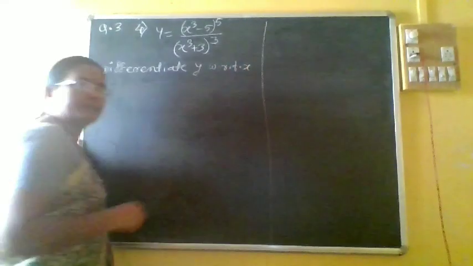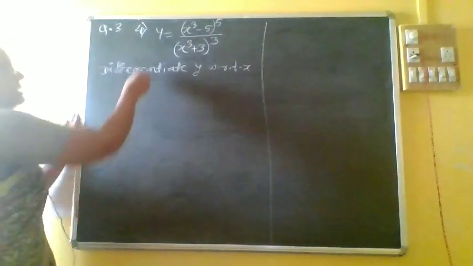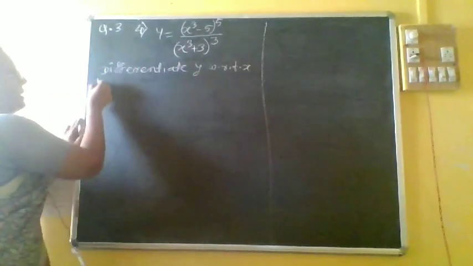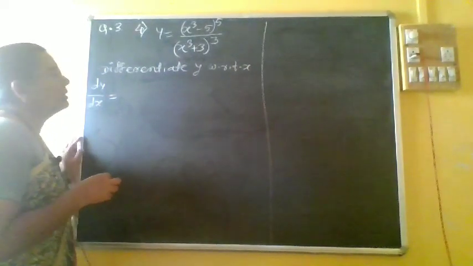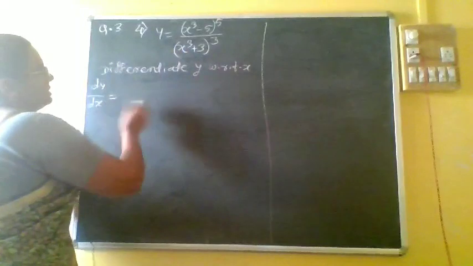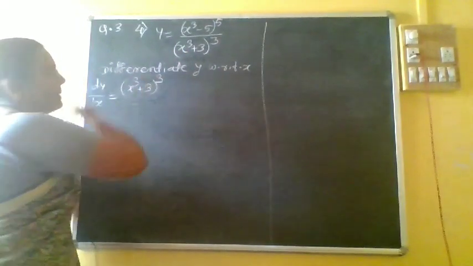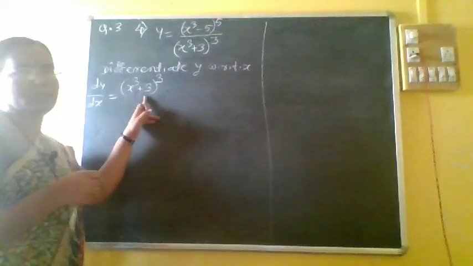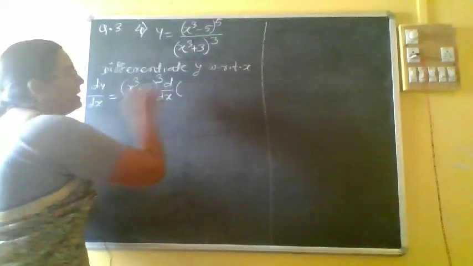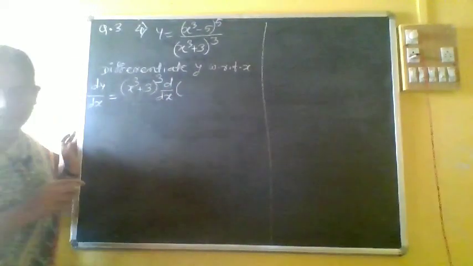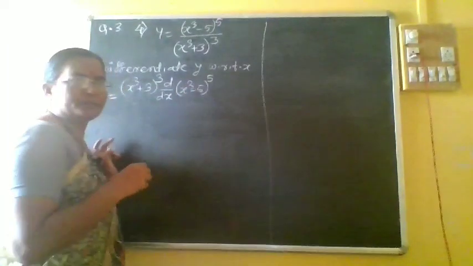Then we get dy by dx, using the formula for the quotient rule. For this function, we keep the denominator as it is, (x cube plus 3) bracket raised to 3, and take the derivative of the numerator, (x cube minus 5) bracket raised to 5.